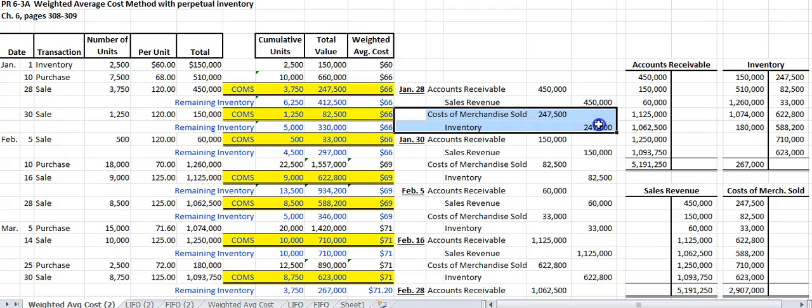So now we have to figure out how I came up with this entry over here, right? So I'm just gonna calculate my cost of merchandise sold right next to it. I know I sold 3,750, right? Now I'm going to get my weighted average, which I already calculated on top. That was 66. I bring it down here. 66 times 3,750 is 247,500, right?